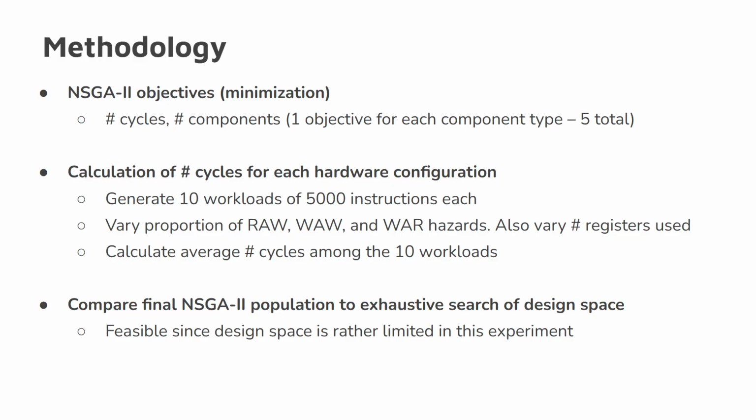And for calculating the number of cycles for some hardware configuration, the method I chose is to generate, each time you want to get a metric value for number of cycles, 10 workloads with 5,000 instructions each, and among these 10, vary the proportion of RAW, write after write, and write after read hazards, and also vary the number of registers used in the programs.